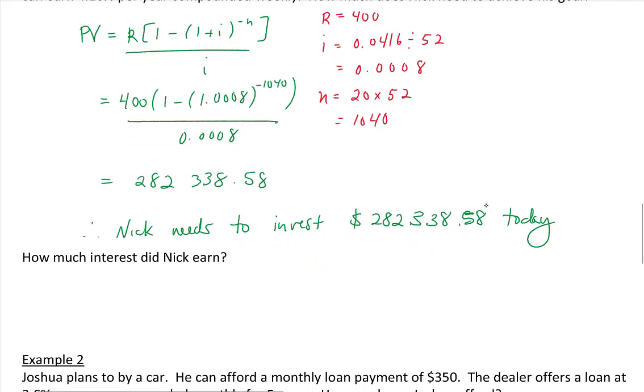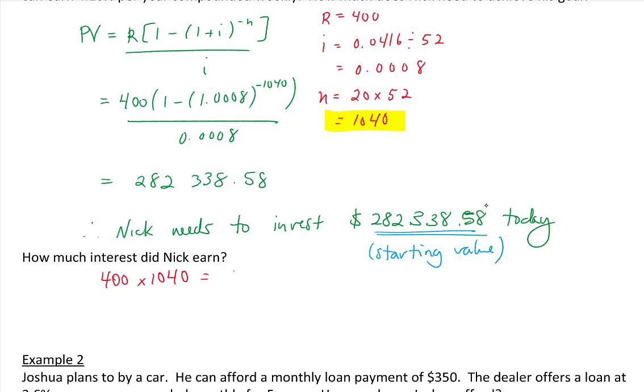So remember, he's withdrawing $400 a week for 20 years. So let's see how much interest he earned by putting all this money into an account and then slowly withdrawing every week. So first of all, our answer from above, that's what he started with. Next, he withdrew $400 1,040 times. Remember, that's our n value, the number of weeks.